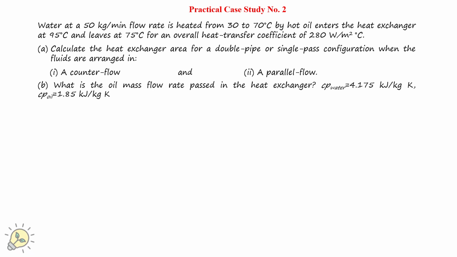And let us consider two cases, where we have counterflow and parallel flow. Then we have some properties, that is usually the heat capacity for oil and water, and we need to calculate the mass flow rate of oil to achieve this process.